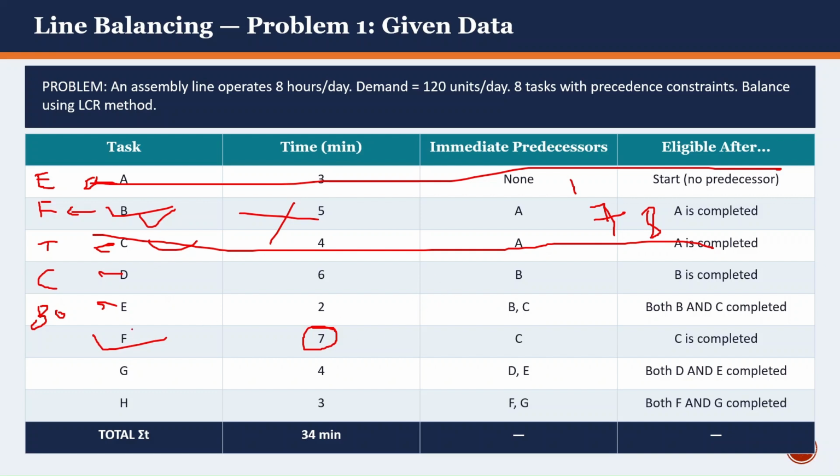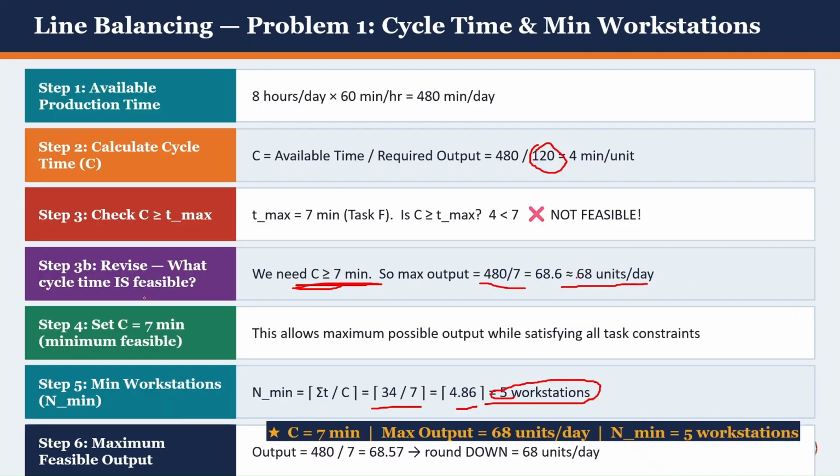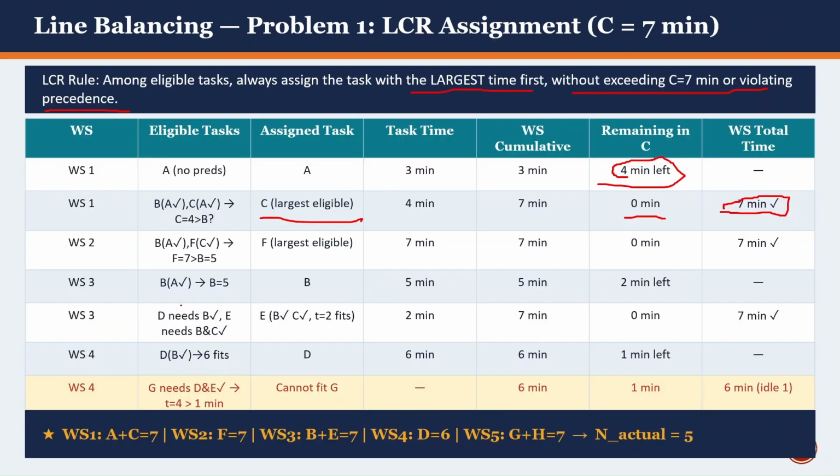So we have options of only B and F in workstation 2. Let us say we are going again with the largest candidate rule. So we are going to assign activity F in workstation 2. Now F is assigned.